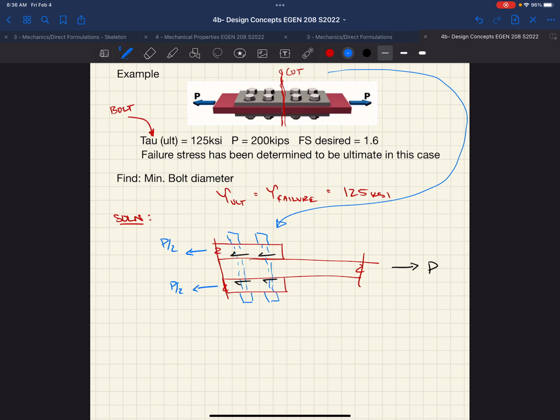We have 4 bolts, and each bolt is in double shear. We have 2 shear planes per bolt, is what that means.